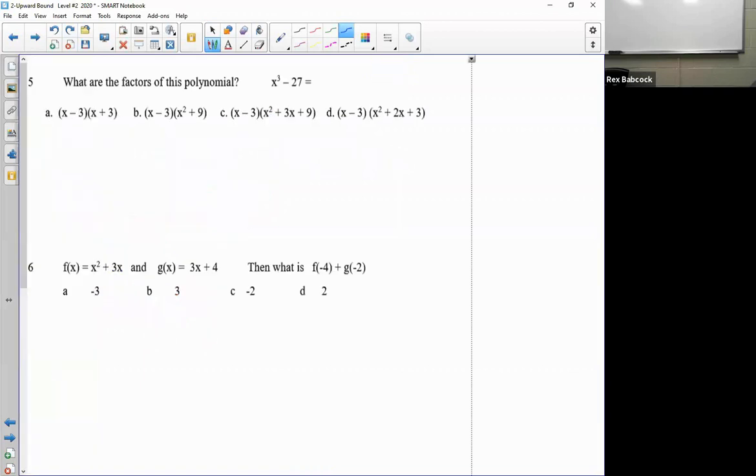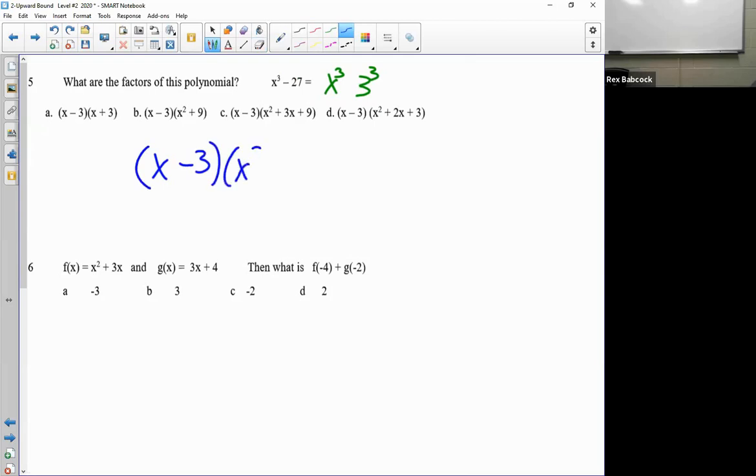Next part on the classwork for today. What are the factors of this polynomial? Oh, difference of perfect cubes. Do you see the cubes? It's x and 3. X cubed, 3 cubed, 27. So my answer should be x minus 3.